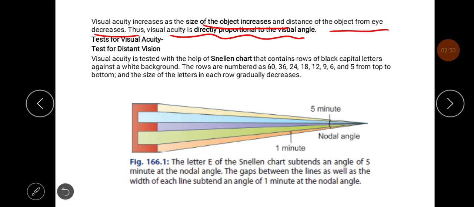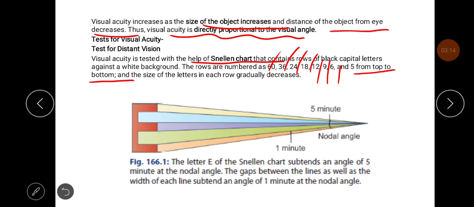Visual acuity for distant vision is usually tested with the help of Snellen's chart, which contains rows of black capital letters against a white background. The rows are numbered as 60, 36, 24, 18, 12, 9, 6 and 5 from the top to the bottom.